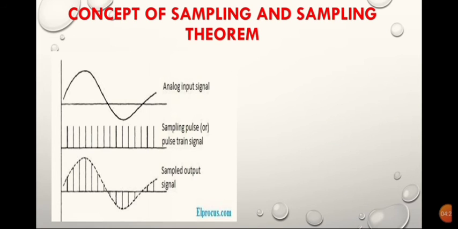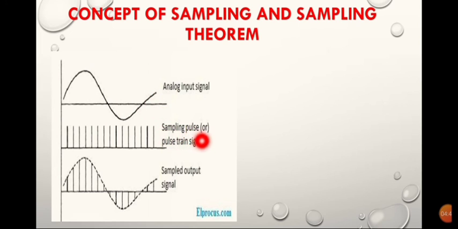Let us move towards the concept of sampling and the sampling theorem. You know that analog signals are real signals, but digital signals are imaginary. They are not present. We have to obtain the digital signal from the analog one. How to obtain it? That is known as sampling. Here you have this analog input signal.